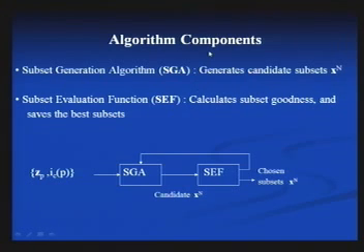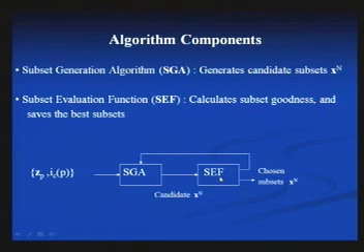Now, we can think about the components in a feature selection system. First, you might input some training data, and again, this would be like a big matrix of some kind. There's a subset generation algorithm where you basically generate subsets that are going to be considered for evaluation to see if they're any good.